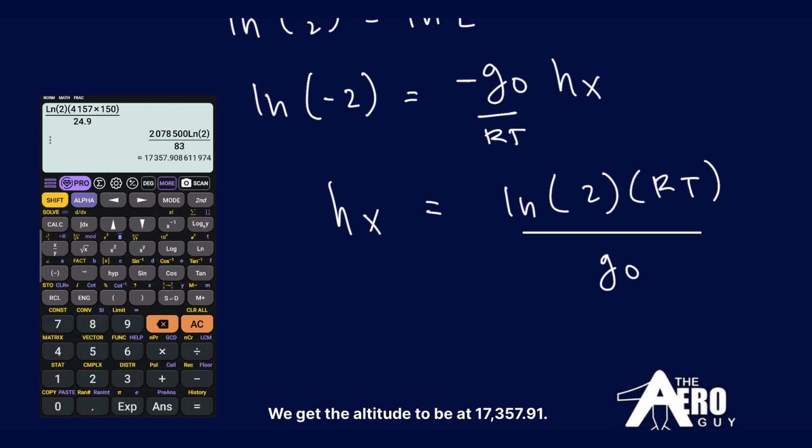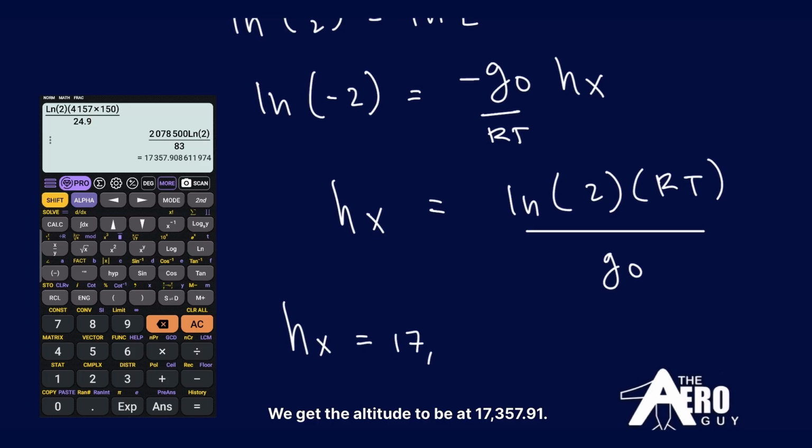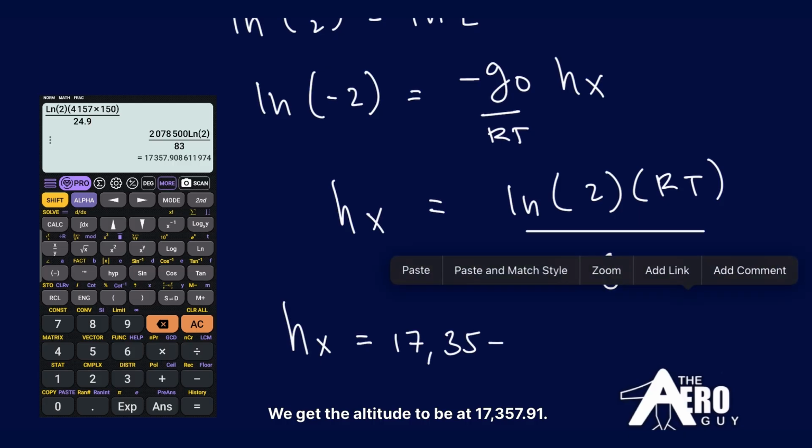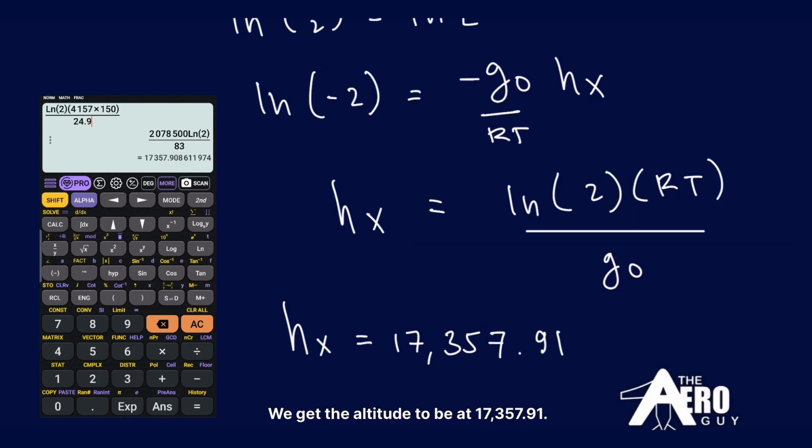We get the altitude to be at 17,357.91 meters. That's 17 kilometers.